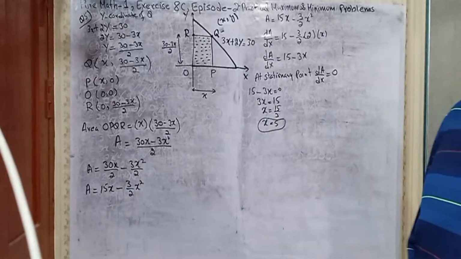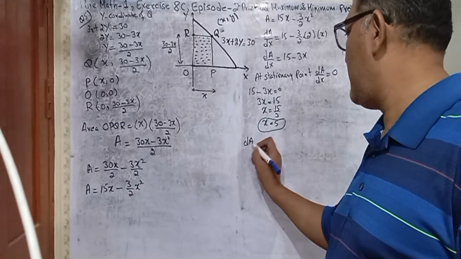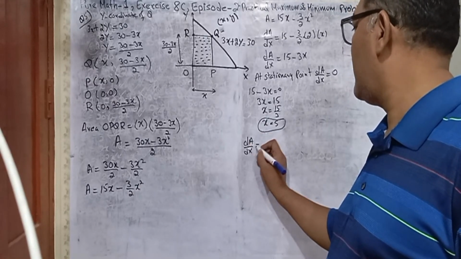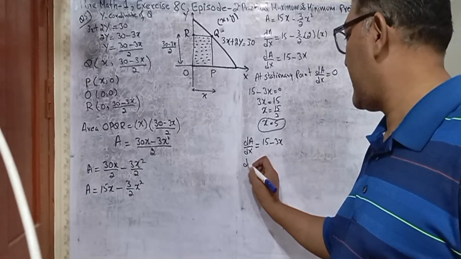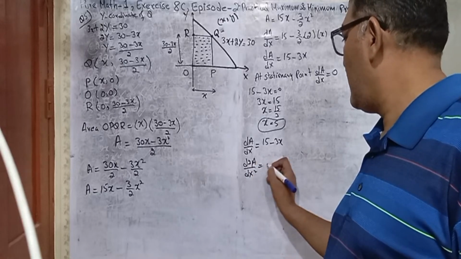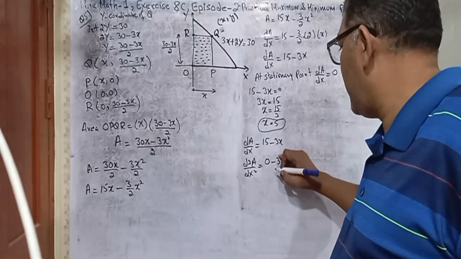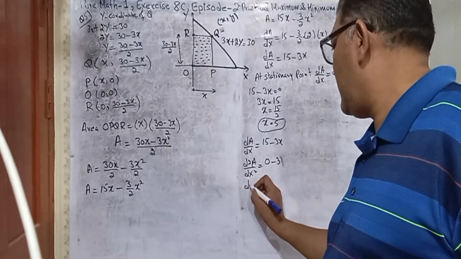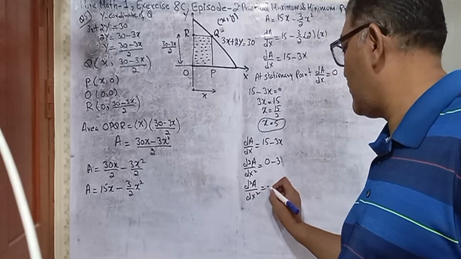To find the nature of this point, we have to find the second derivative. So dA by dx will be equal to 15 minus 3x. Taking the second derivative, d squared A by dx squared will be equal to 0 minus 3, so d squared A by dx squared is equal to minus 3.